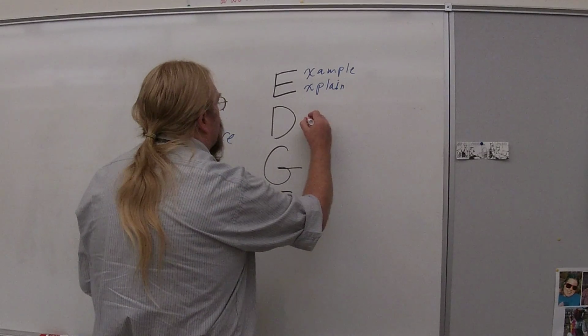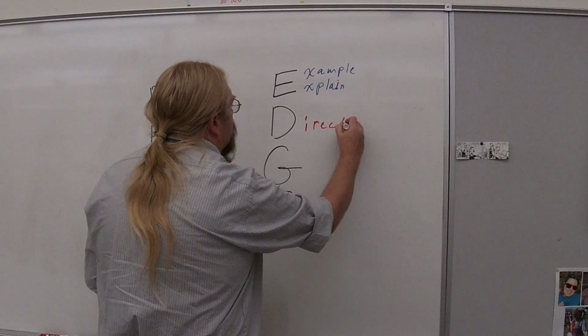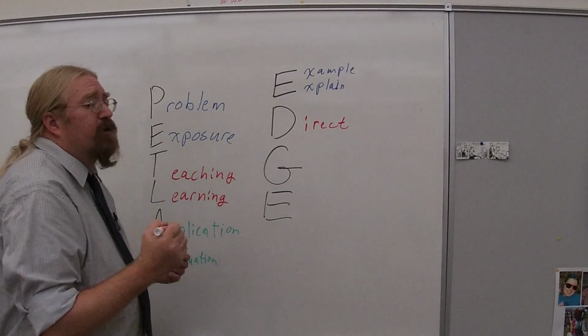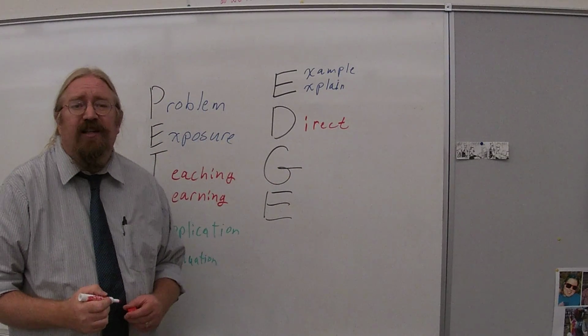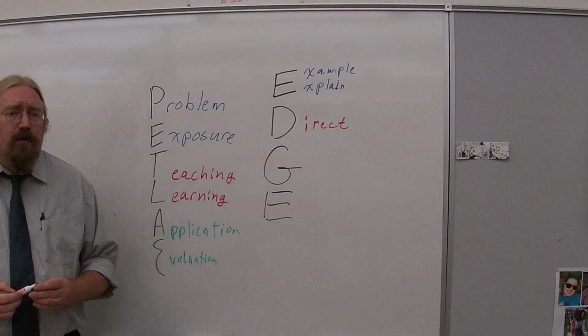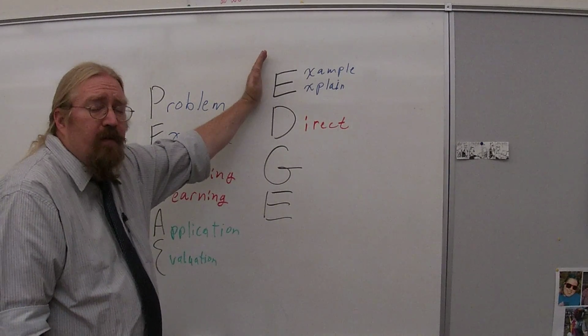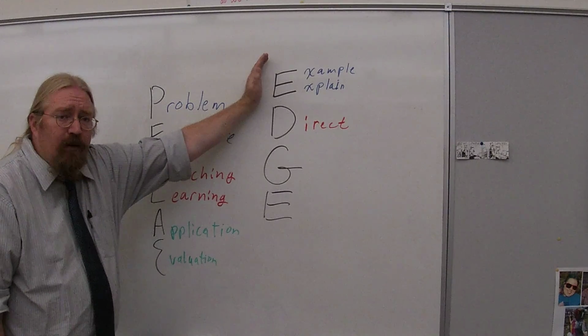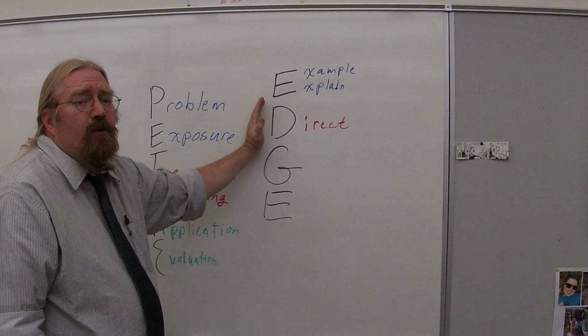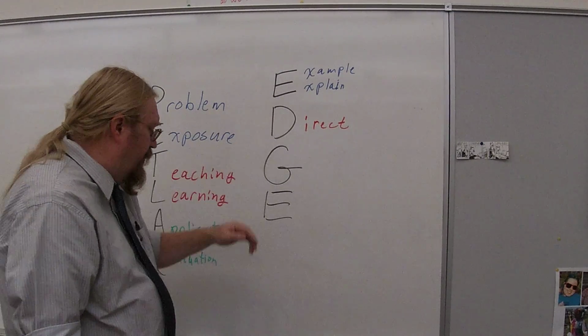D is direct, okay? I direct you to what you need to do. I explain what you have to go do. So, going back to, say, writing a paper, I might give an example paper, I might explain what's going on, I would direct you with instructions on how to write your paper.